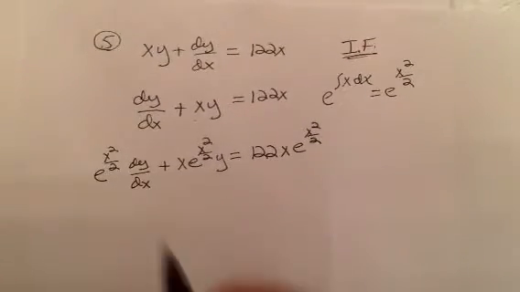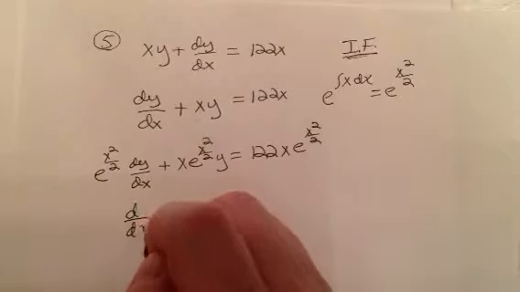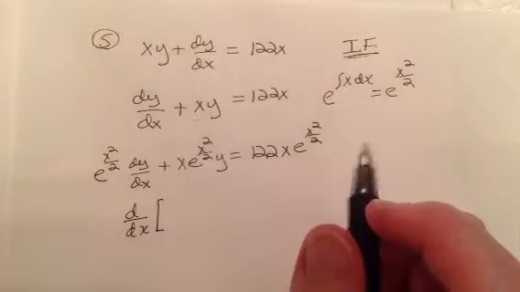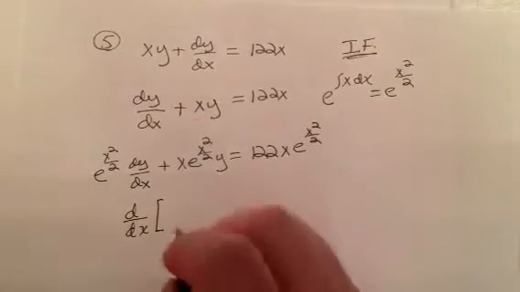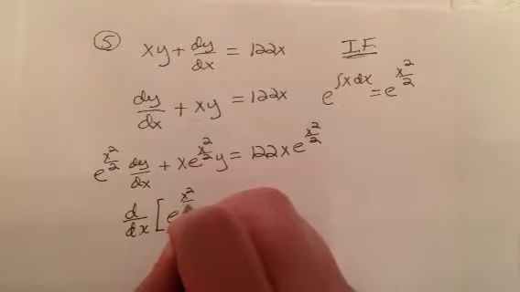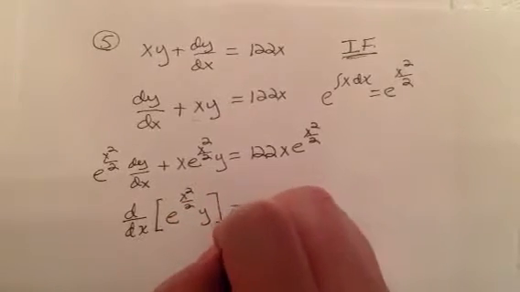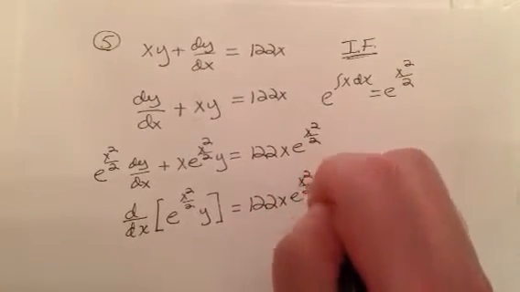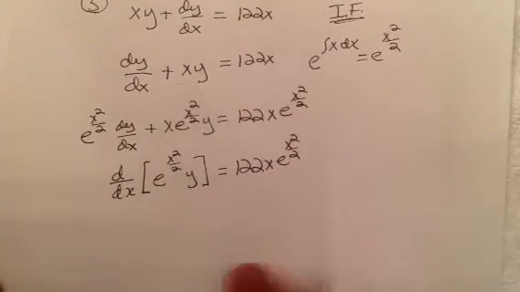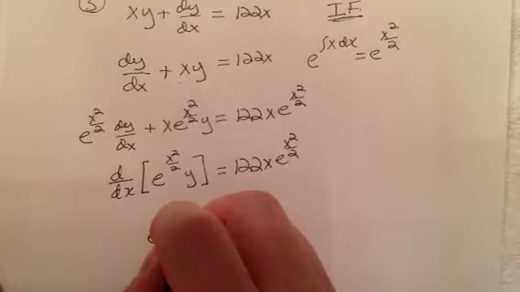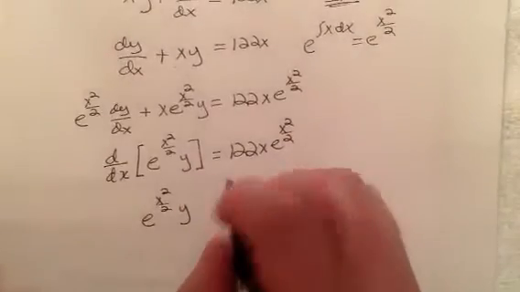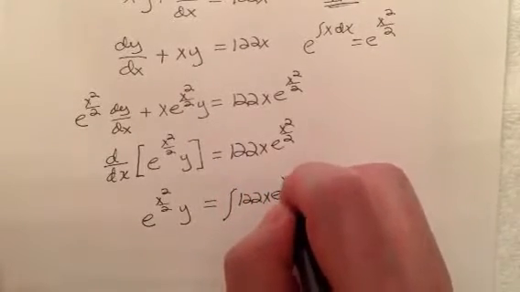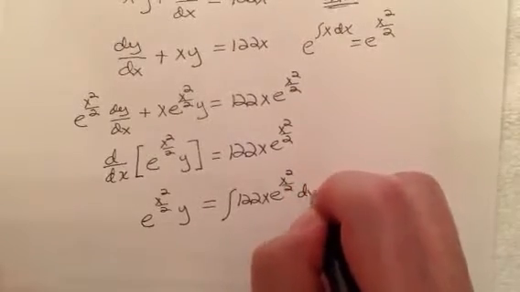The left hand side is the product rule expansion of taking the derivative in x of the integrating factor e to the x squared over 2 times y. Again, we have this equal to 122x times e to the x squared over 2, and freeing up the terms in the brackets, e to the x squared over 2 y is equal to the integral of 122x times e to the x squared over 2 dx.